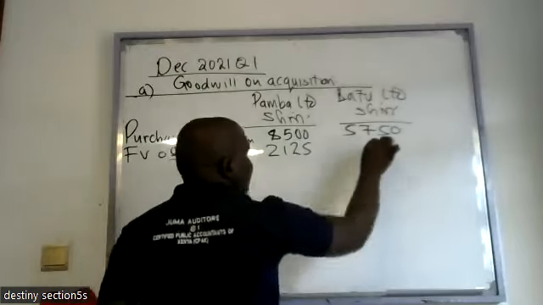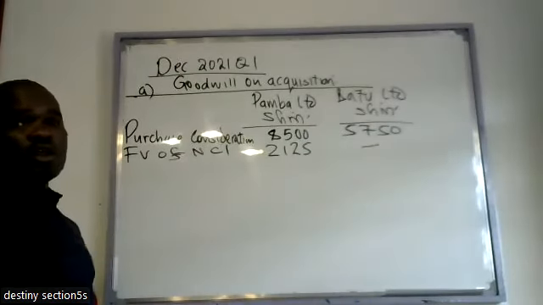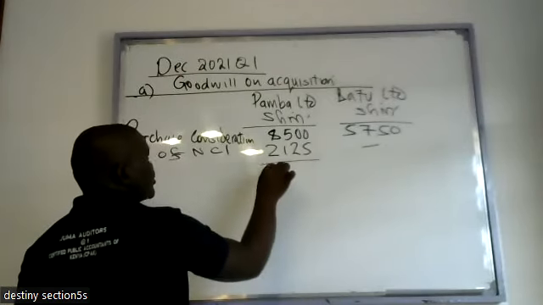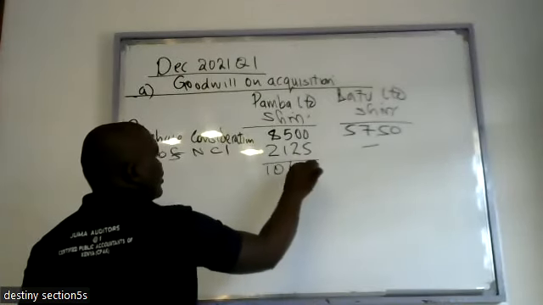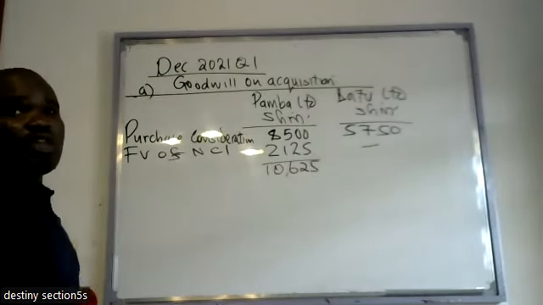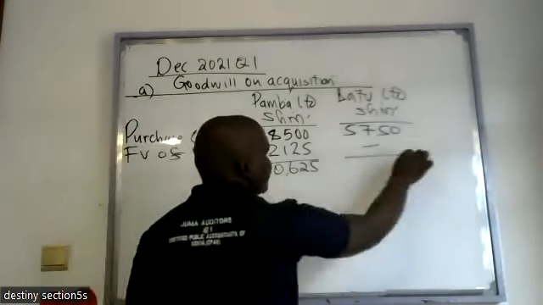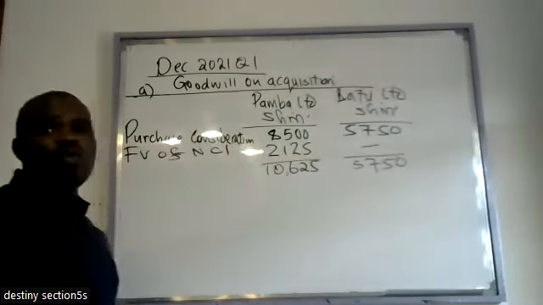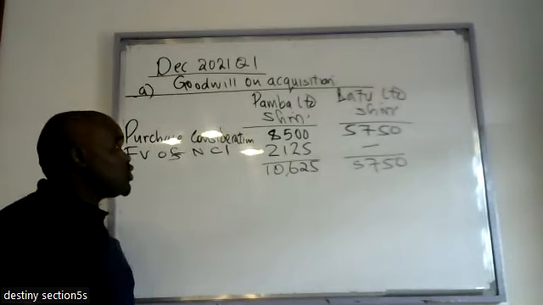Therefore, the total purchase consideration, here we are talking of 10,625. The other side, we are talking of 5750. Then we less the net assets.